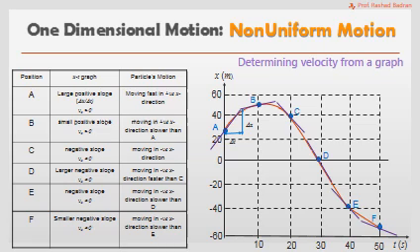Again, for point F, draw a line tangent to the curve at point F, and then find the slope. Here the slope has a negative value and a magnitude less than the one before.